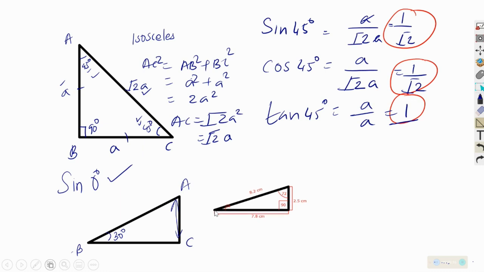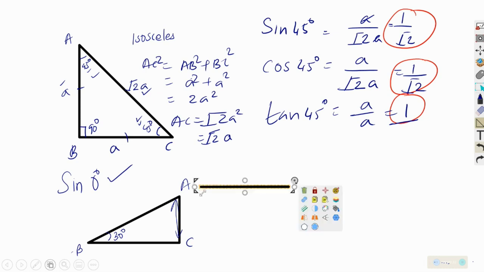So see, now here it is 2.5 centimeter. I am bringing down the height of it. 1.3 centimeter, 0.6 centimeter, 0.4 centimeter, 0.3 centimeter, 0.1 centimeter, 0 centimeter. That means here it became 0 degree.